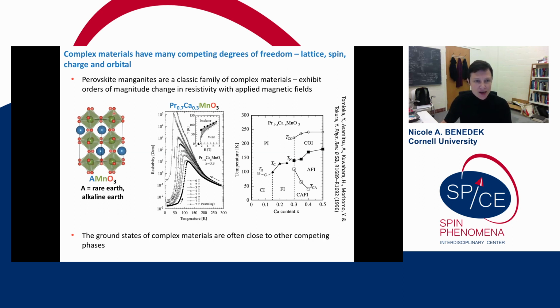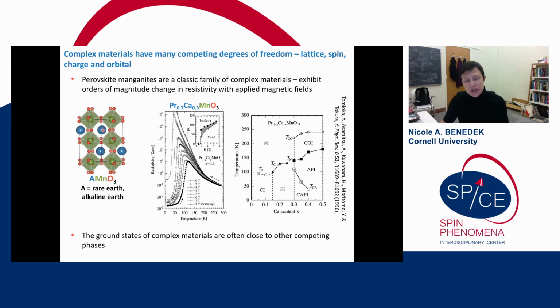The manganese ions sit in these green polyhedra. And the sites represented by these blue spheres are a rare earth cation or an alkaline earth cation. So for praseodymium calcium manganite, for example, these blue spheres would be either a praseodymium ion or a calcium ion.